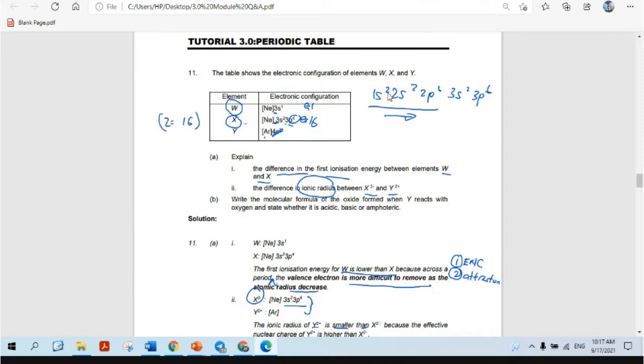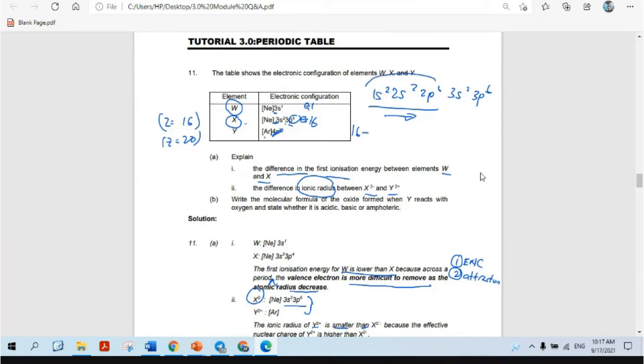For this case, 10 plus 8, the Z is 20. Who doesn't understand? Proton number for X is 16. Proton number for Y is 20. Now 16 minus the electrons. Their electronic configuration is now 1s2, 2s2, 2p6, 3s2, 3p6.